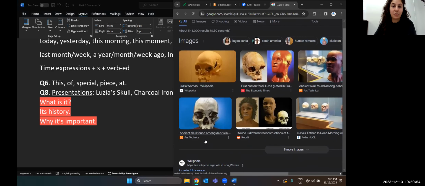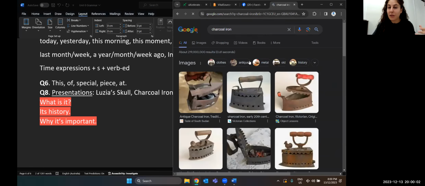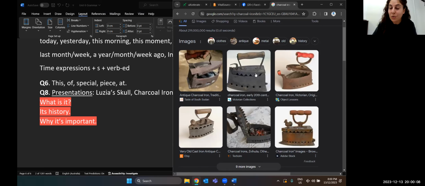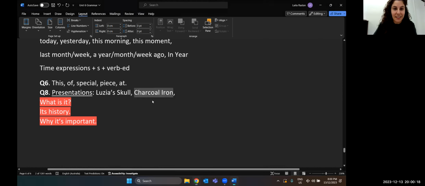Last time someone picked this charcoal iron. You've got to remember it's an object that maybe nobody uses anymore, or it was the old version of what we have now. This is the old way of ironing clothes. That's a charcoal iron. They used to put charcoal in it, and it was heated up.